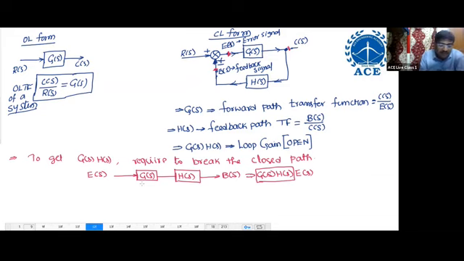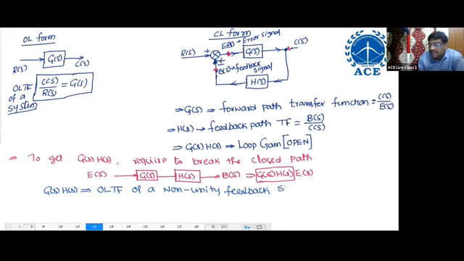Not only that, G of S, H of S is also called what? I already told you: G of S, H of S is called the open loop transfer function of a non-unity feedback system. H means non-unity, na?